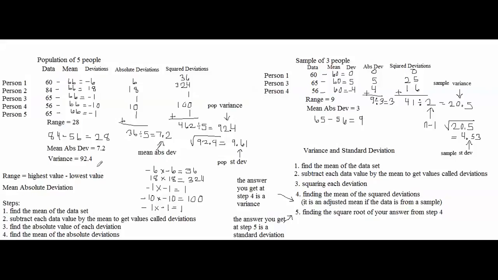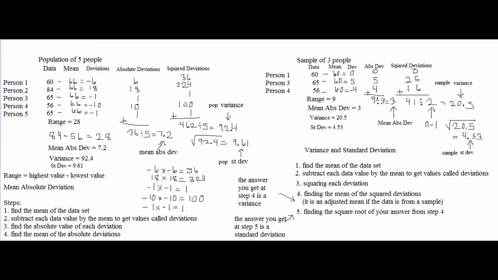The disadvantage of the variance is that the squaring makes it come out to a fairly high number. And since it comes out to such a high number, it's difficult to understand what it's really showing about the data. The mean absolute deviation and the standard deviation don't have that disadvantage, because they don't come out to such a large number.